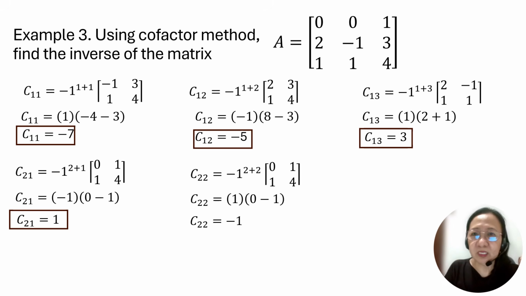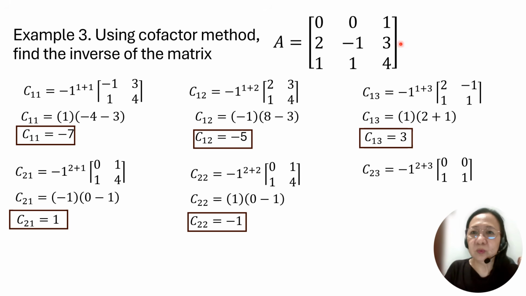The last number in the second row is 3. What will be the sign of C sub 23? That is negative 1 raised to 2 plus 3. And then slash the second row, slash the third column. So what is left is 0, 0, 1, 1.